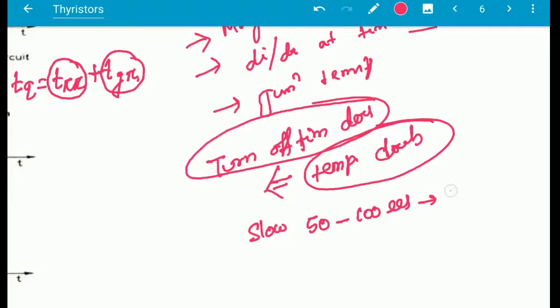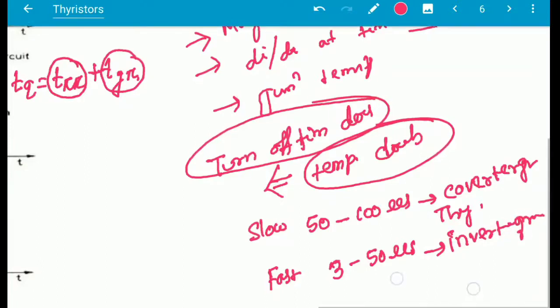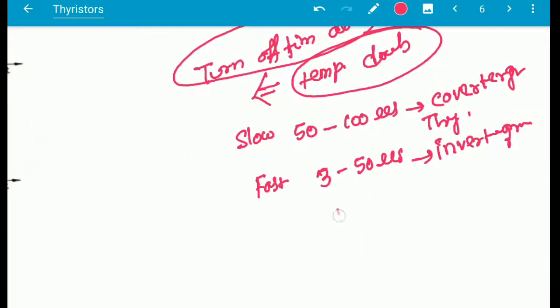These are converter grade thyristors. And fast turn off time is generally 3 microseconds to 50 microseconds. These are inverter grade thyristors.